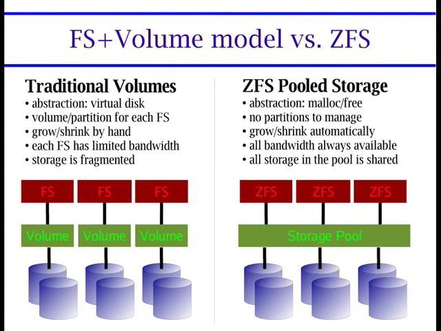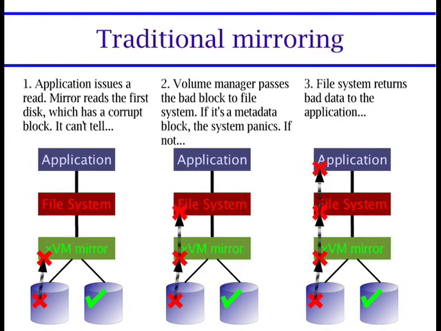Now, how self-healing works, which is a very nice feature of ZFS. When you're using traditional mirroring and your application tries to read some data, it asks file system for the data and then your volume manager for the data. And as you can see on this picture, the red data are bad and the green one is good.